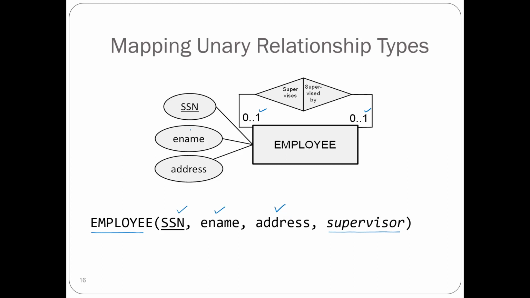Now looking at the relationship, we don't have anything like existence dependency. Therefore, supervisor, which is the foreign key over here, can be null. We don't need to enforce the not null constraint here, because we can have some employee, as the ER diagram is saying, that can have zero supervisors, or a maximum of one supervisor, and the supervisor will be supervising zero employees or a maximum of one employee.